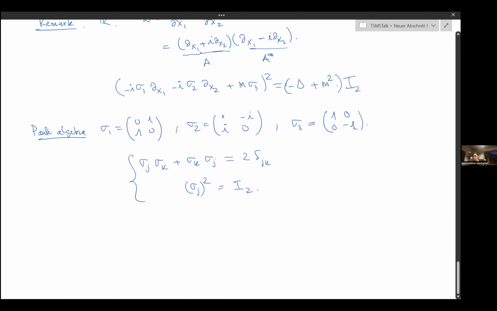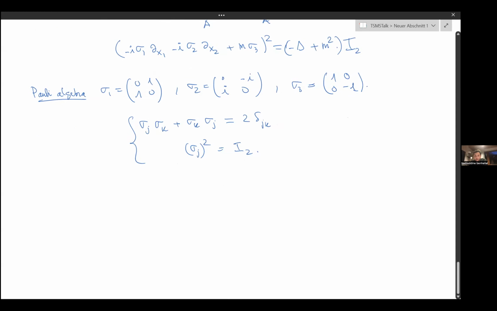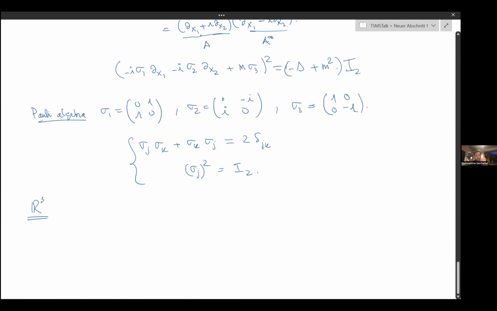Here, in fact, you achieve the algebra that's maximal. You cannot add another matrix. So in R3, if you try to do the same thing, we have 3 matrices and it's full. We cannot add another matrix for the third derivative, for example.